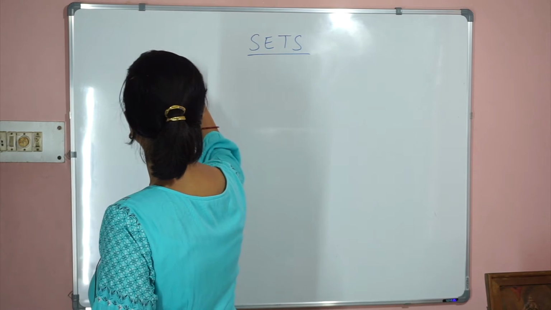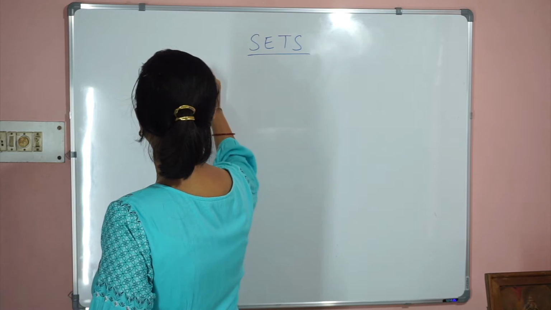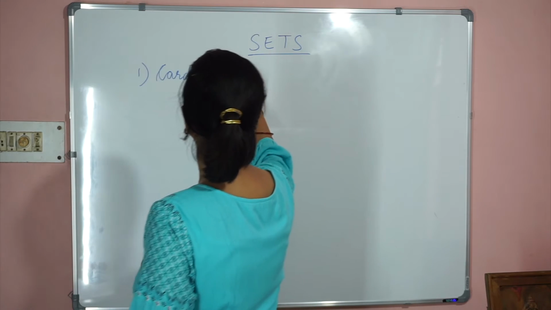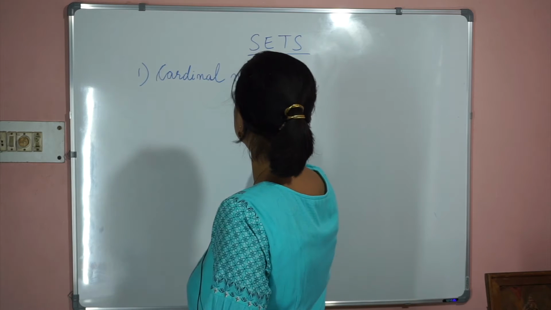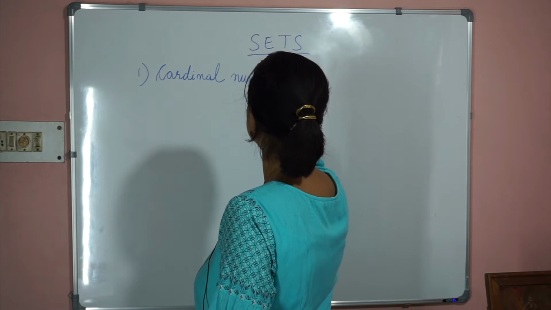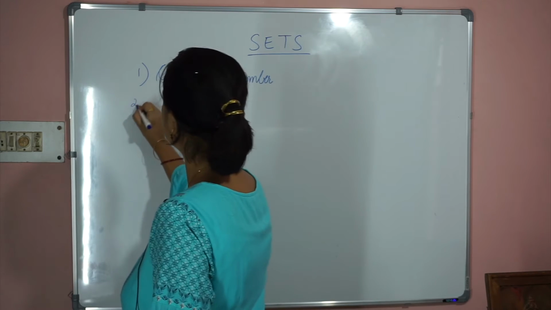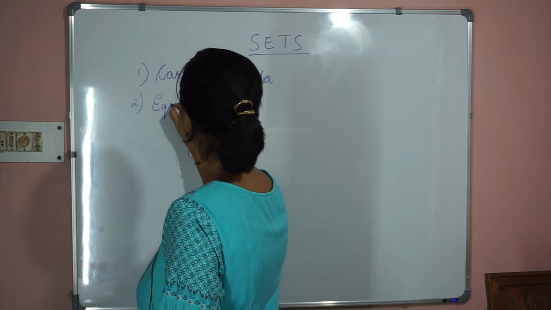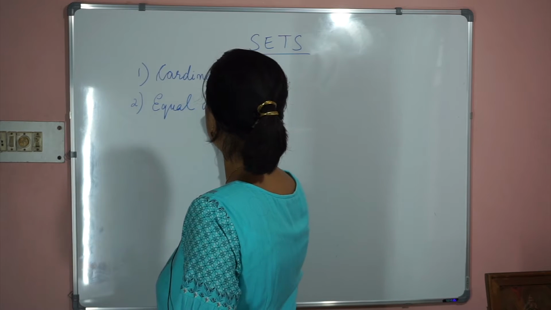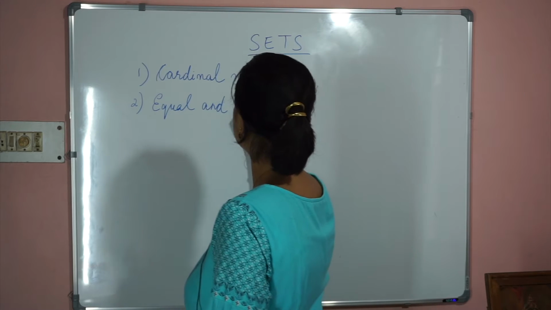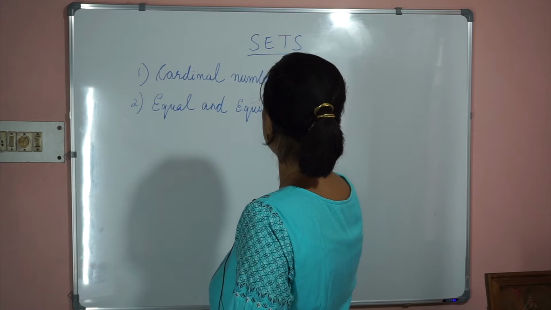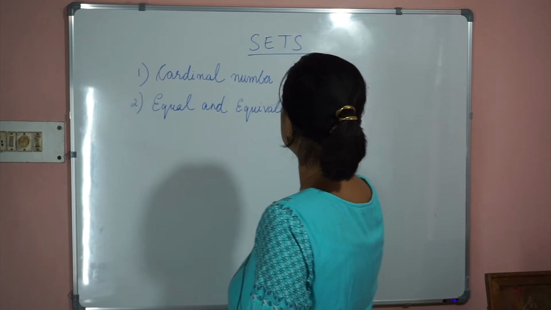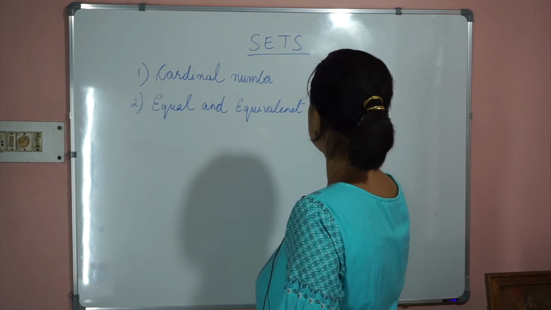First one, cardinal number. Next, equal and equivalent sets.